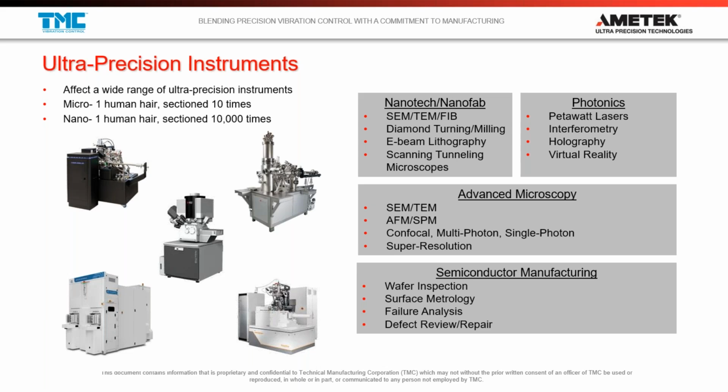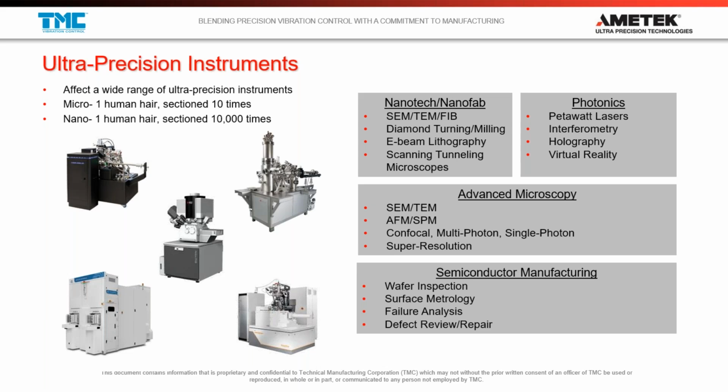The types of instruments that we use to look at these features are commercially available, and there's a myriad of companies around the world that make these types of tools and instruments. We're talking about the nanotech and nanofab space, like electron microscopy and diamond turning. We see ultra precision in the photonic space, where we're talking about petawatt lasers and holography, and even virtual reality nowadays is starting to get into a space where we're looking at ultra precision photonics applications.